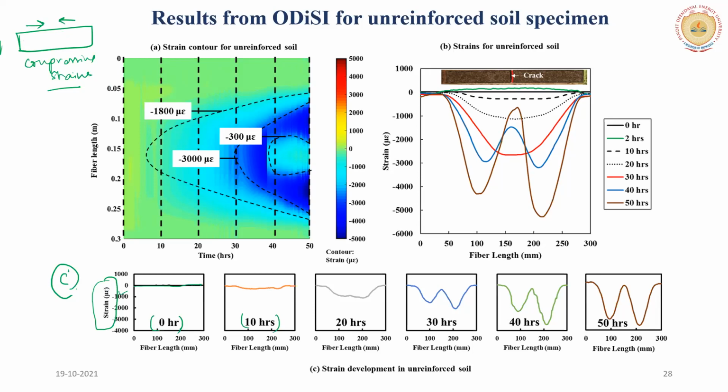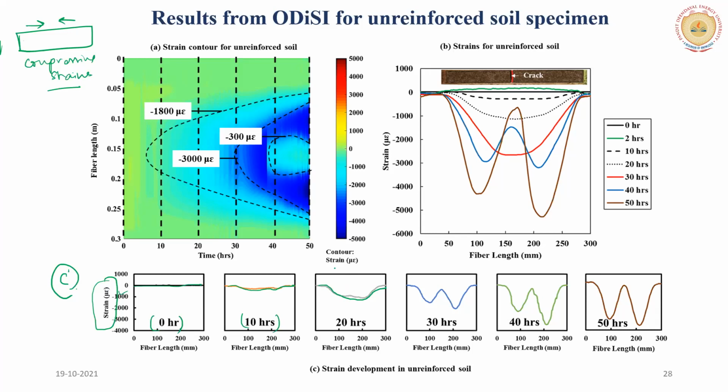And the common notation that is used in optical fibers is that the negative strain is the compressive. So slowly you can see that these graphs start showing some value in the negative direction, right? Can you see the graph getting developed? It means the soil is undergoing a lot of shrinkage.